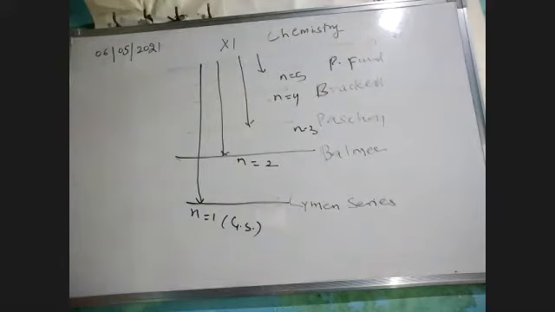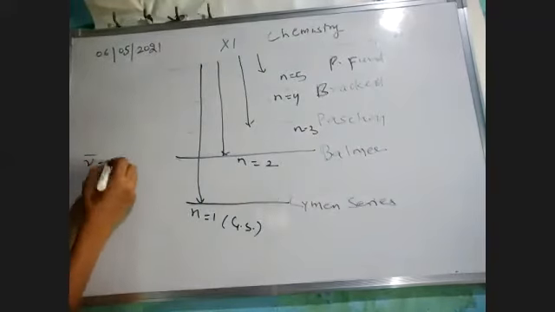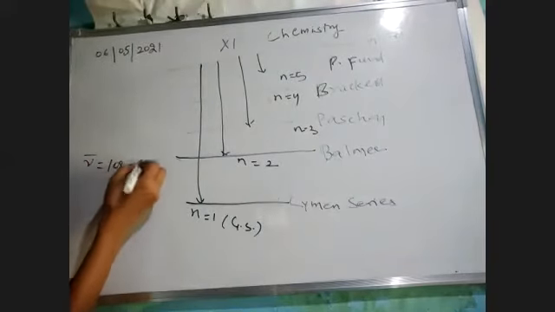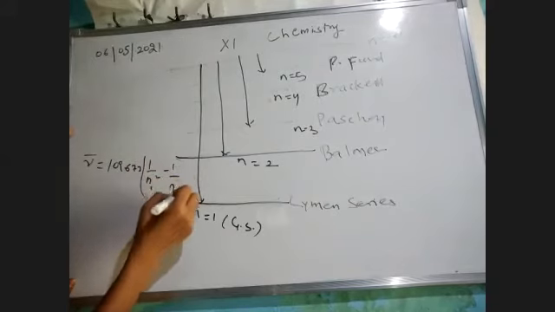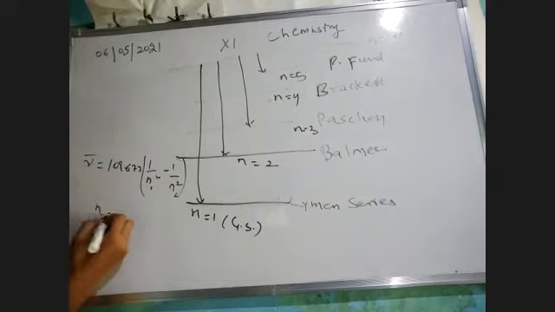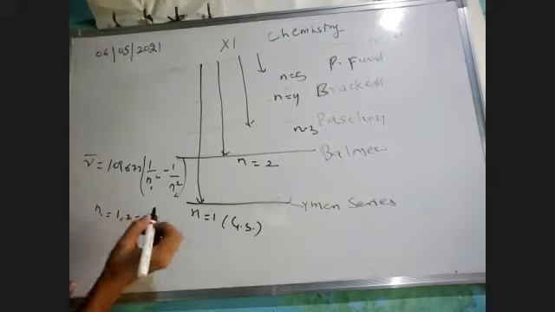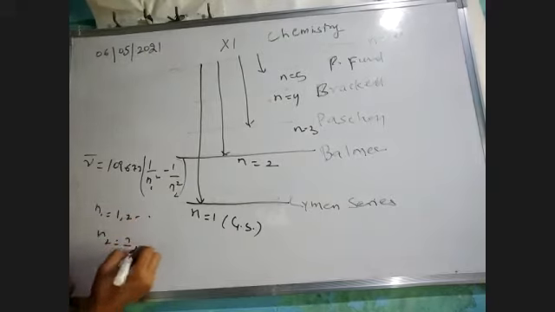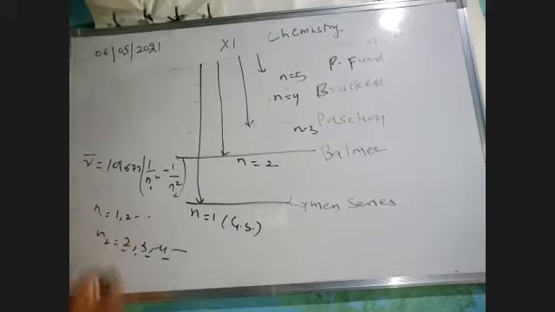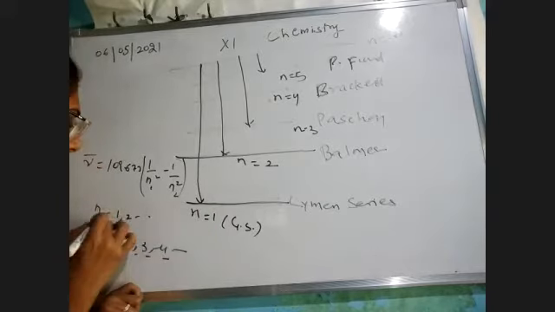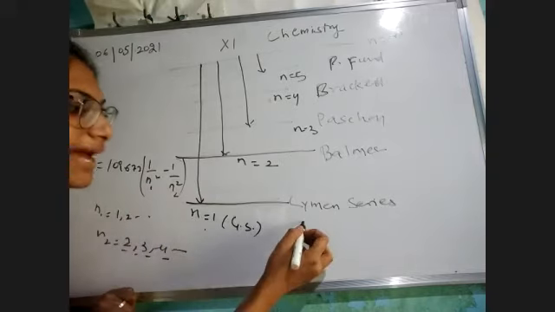The line spectrum of hydrogen is given in the form of nu bar, which equals a constant times 1 by n1 square minus 1 by n2 square, where n1 could be 1, 2, and so on, and n2 should be 2, 3, 4. These are the higher levels, and n1 is 1, 2, 3. If n1 equals 1, we have Lyman series.